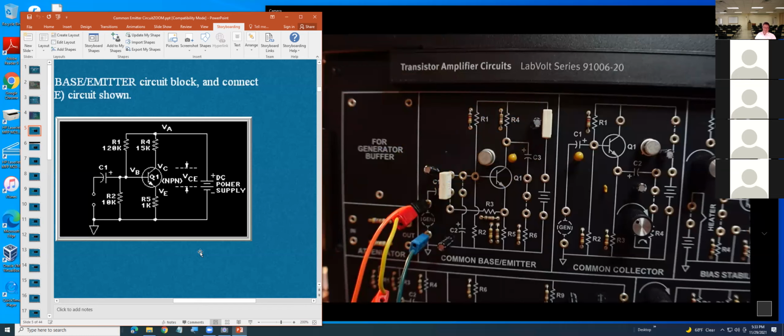Compare the two circuits and tell me which one we're missing. VB. I don't see anything missing. You got the connection to the DC. You don't see any C1 missing. It's connected. Who can tell me what's missing?